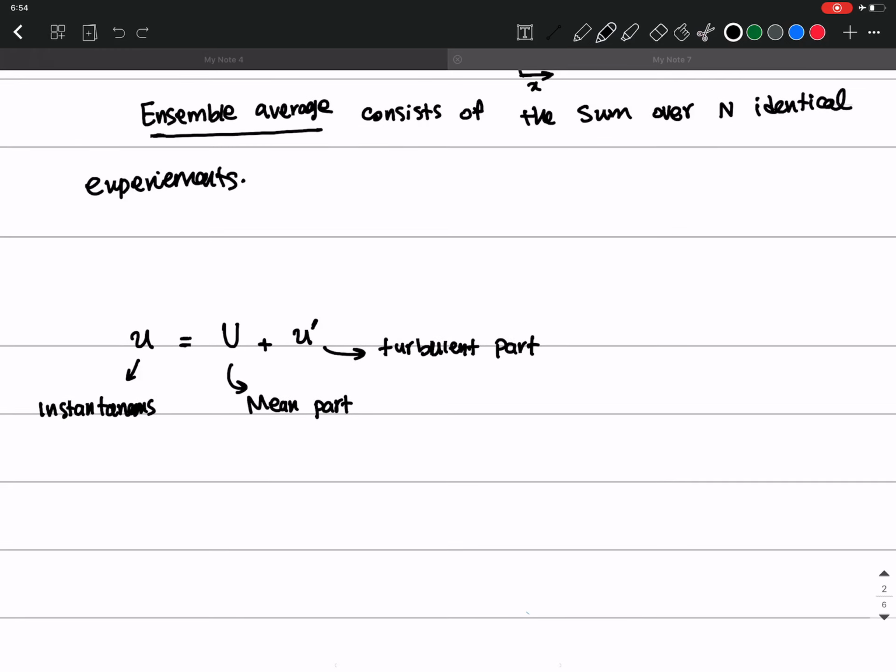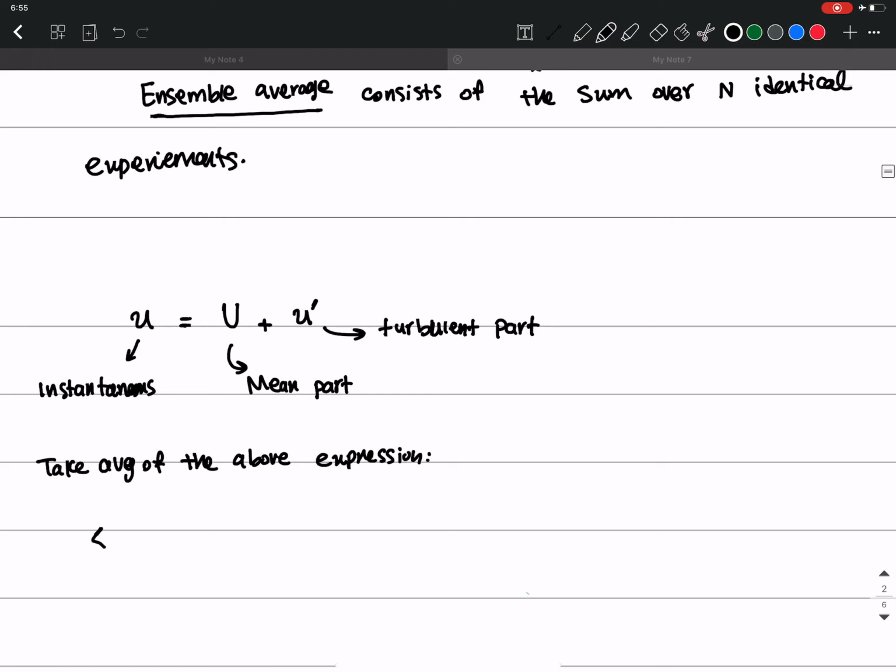Okay. Now what I want to do is take the average of the above expression. We can show it with this bracket: bracket u, or u bar, equals bracket u plus u prime, the average of this.